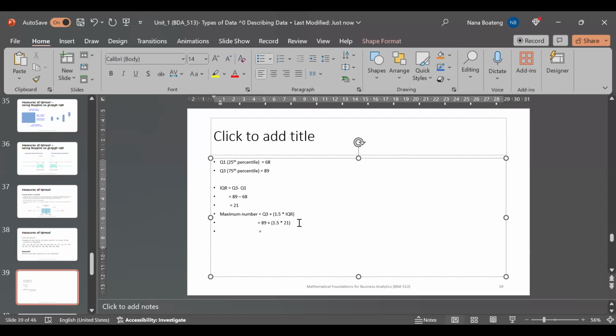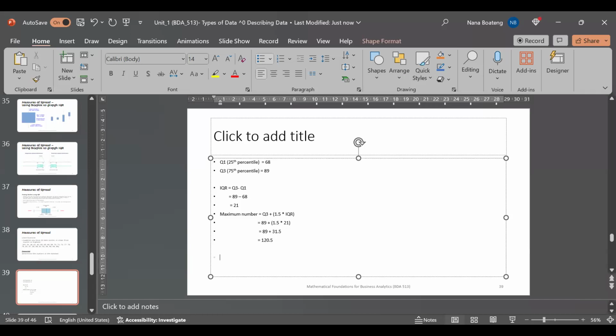Okay, so 89 plus 31.5 gives us a total of 120.5. Okay, so that's for the maximum number.